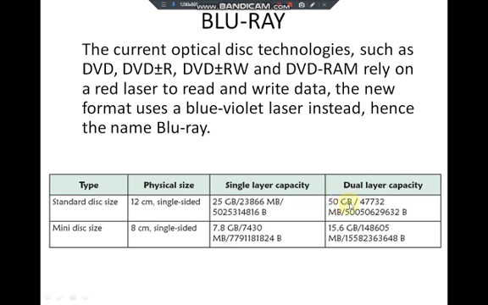Another new technology for storing data in optical medium is Blu-ray. The current optical disc technologies such as DVD plus minus R, plus minus RW, and DVD RAM rely on a red laser to read the data, while the new format, Blu-ray, reads the data with a blue violet laser instead.